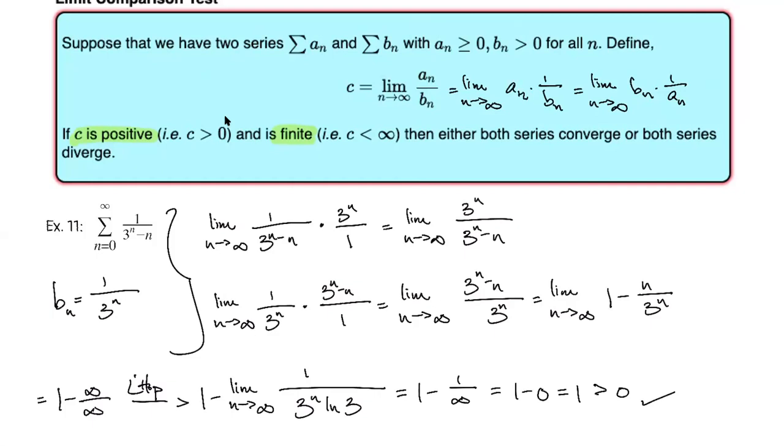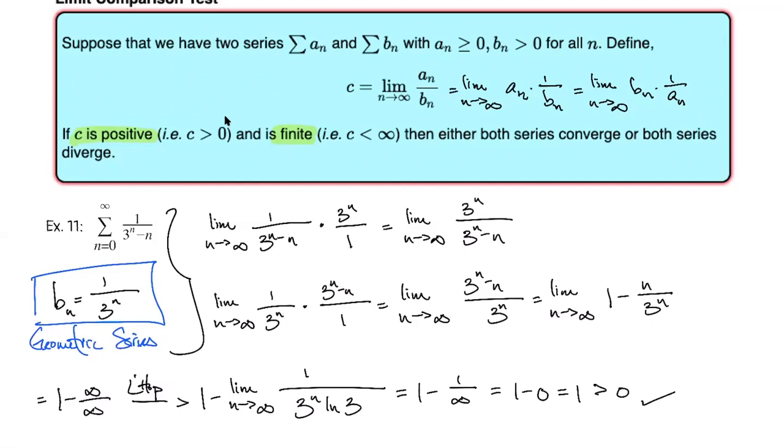So let's go back to our comparing series, this one right here. Does that converge or diverge? We don't know. We do know. It does converge, because remember, this is our geometric series, the one that we chose, one that we should know what happens to it.